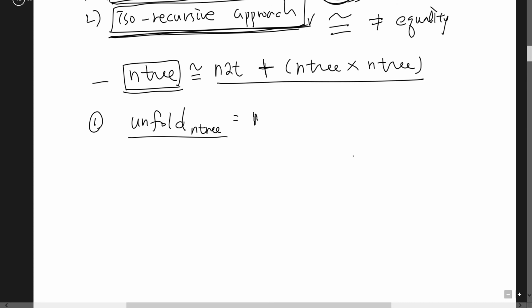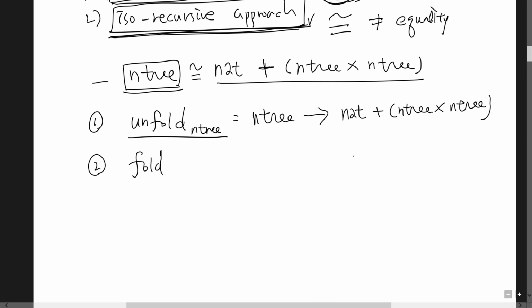It takes a natural number 3 and unfolds it to create this sum type, nat plus Nat3 times Nat3. And the other function performs the opposite. It folds. So what that means is that it takes this sum type and folds it.